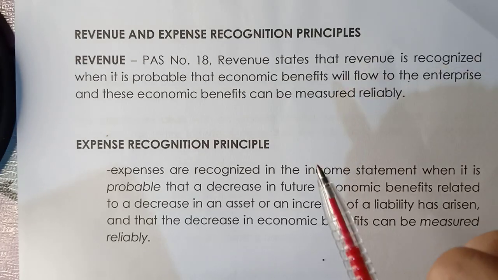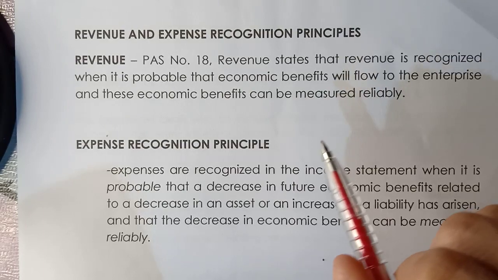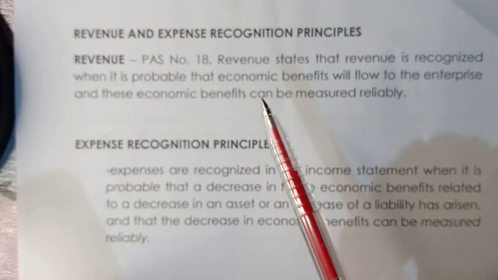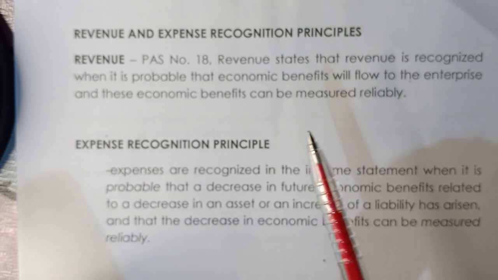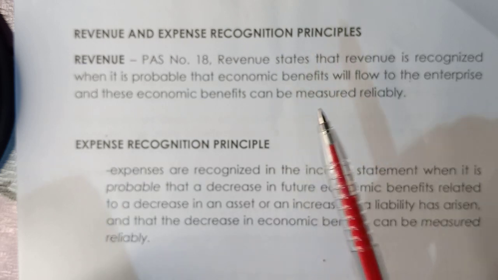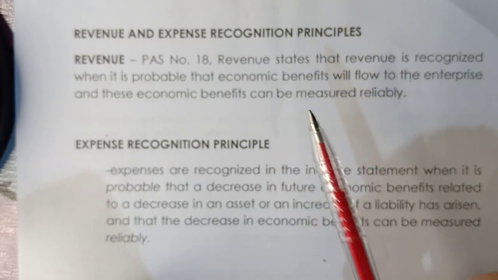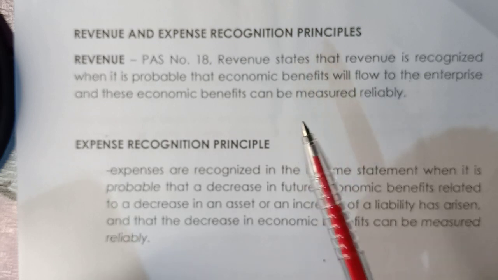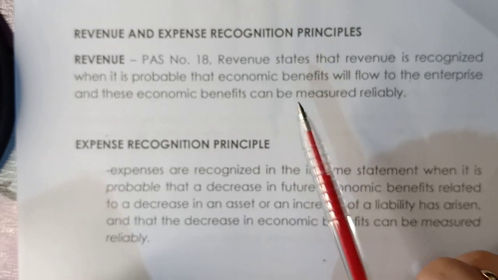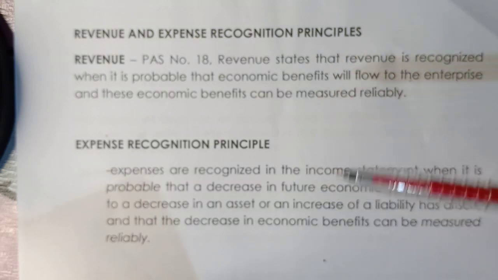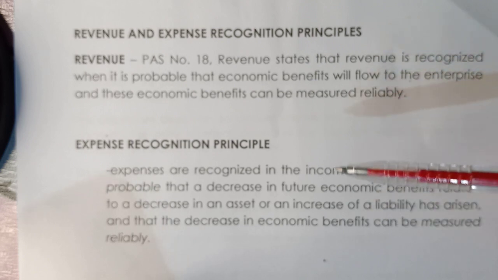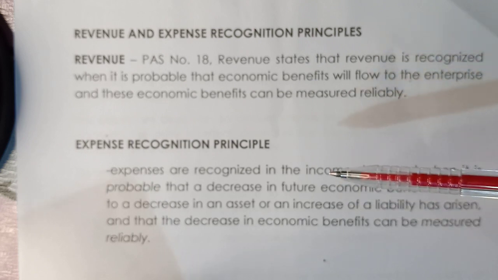Therefore, the adjustment process relies on what? The revenue recognition and the expense recognition principles, because the performance of an entity requires certain income and expense transactions that should be allocated over several accounting periods.